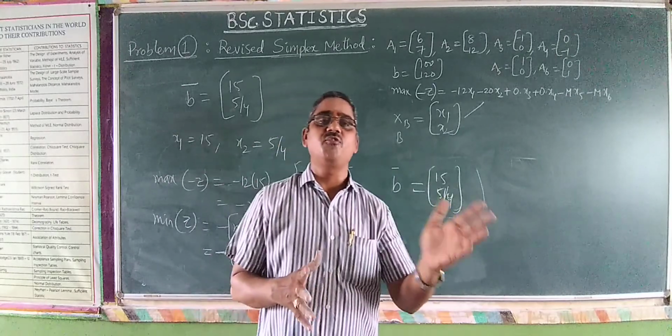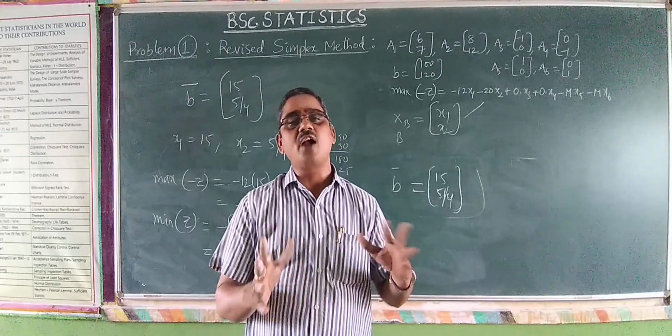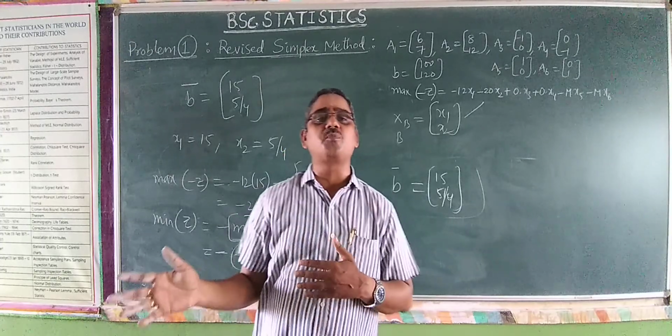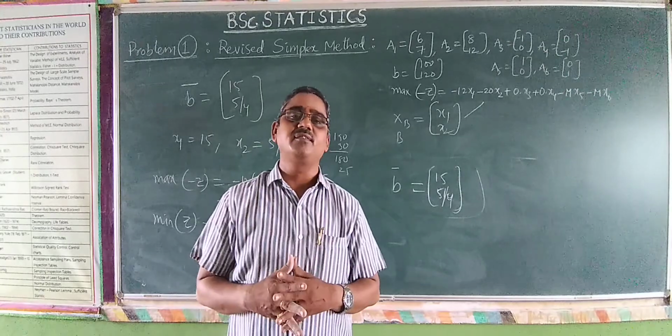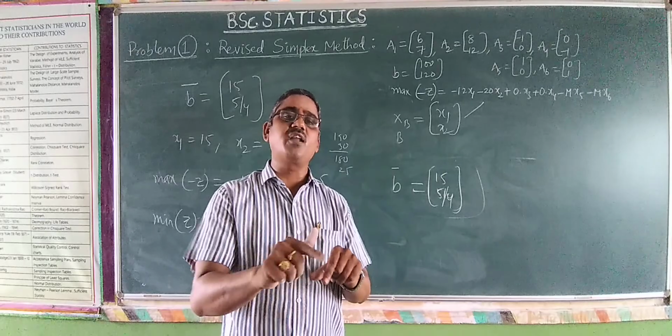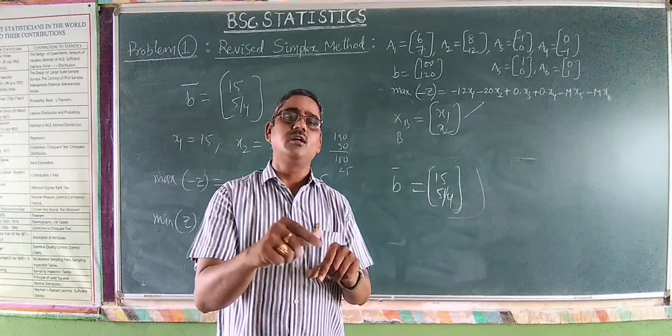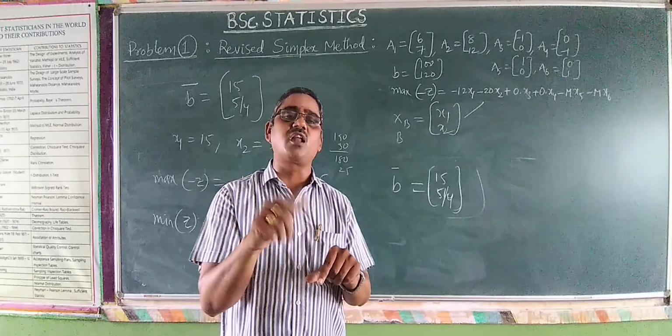And then if all net evaluations are greater than or equal to 0, stop the procedure. If any is negative, then you have to continue the procedure by calculating the key column. Formula B inverse Ak. Ak refers to which vector enters the basis. K refers to the index of the entering variable.